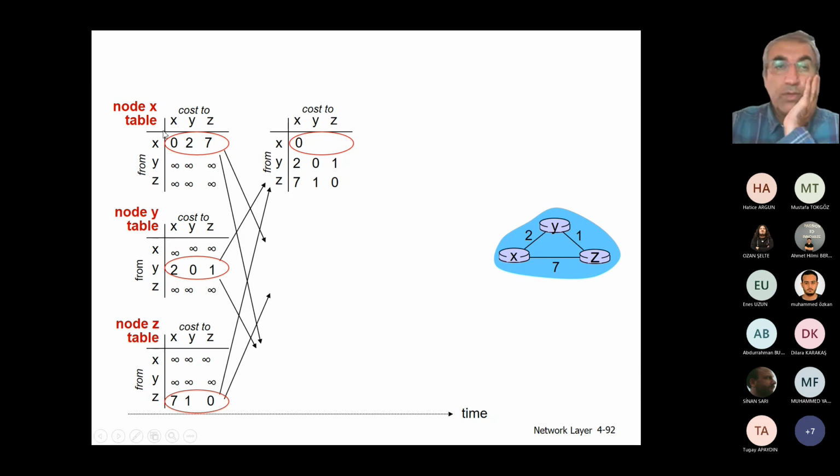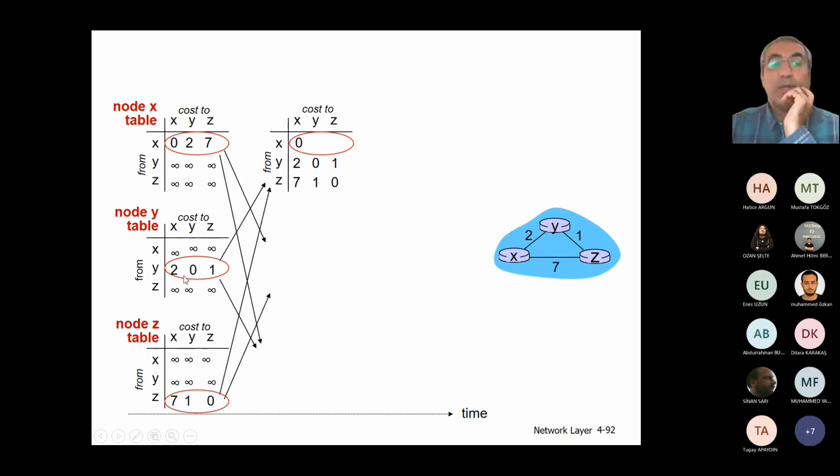So X is going to share this table with neighbors Y and Z, and then Y is going to share with X and Z, and Z is going to share with X and Y. Okay, so let's say Y and Z share their table information with the X node.